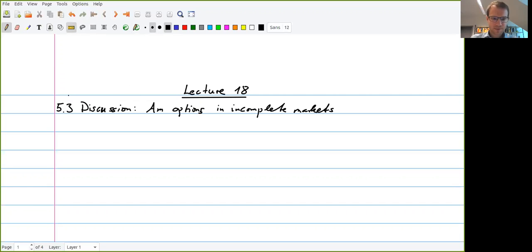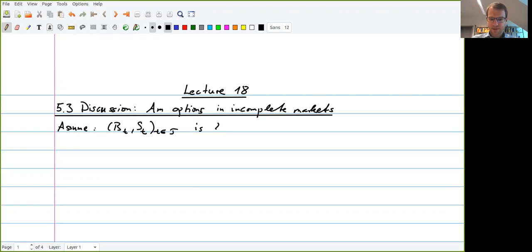Okay, so of course, we still assume that the underlying market is a one-dimensional market as before. So we have one risky asset and one risk-free asset, finite and arbitrage free, because these are the minimal assumptions we need to talk reasonably about hedging and pricing of options.